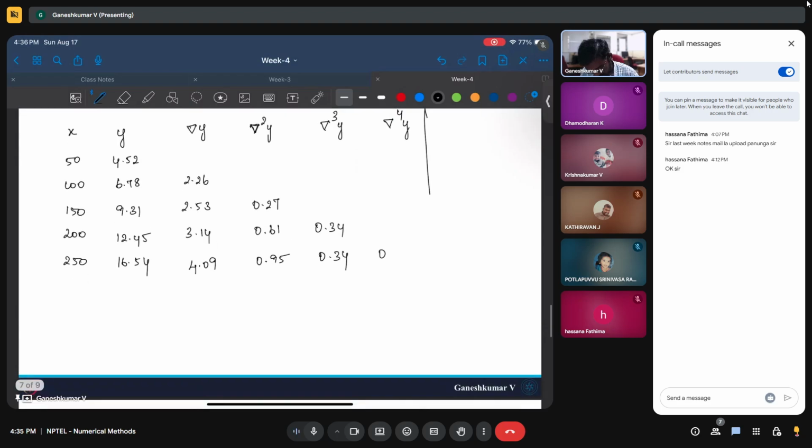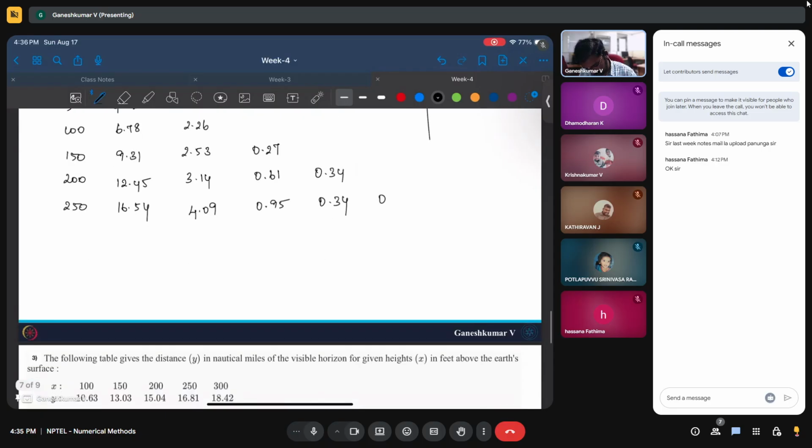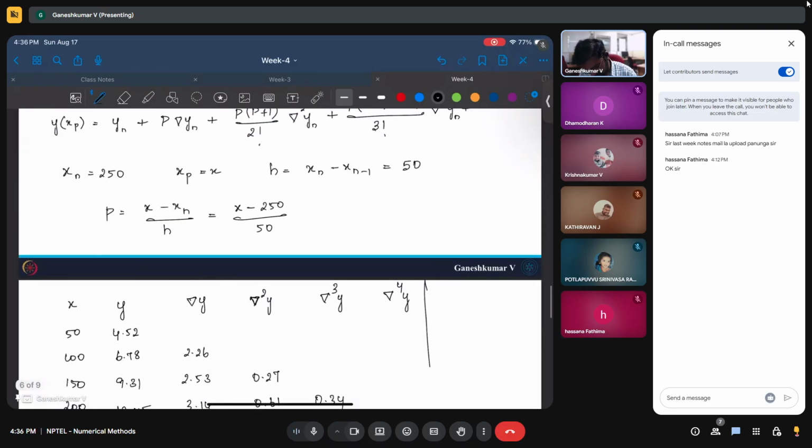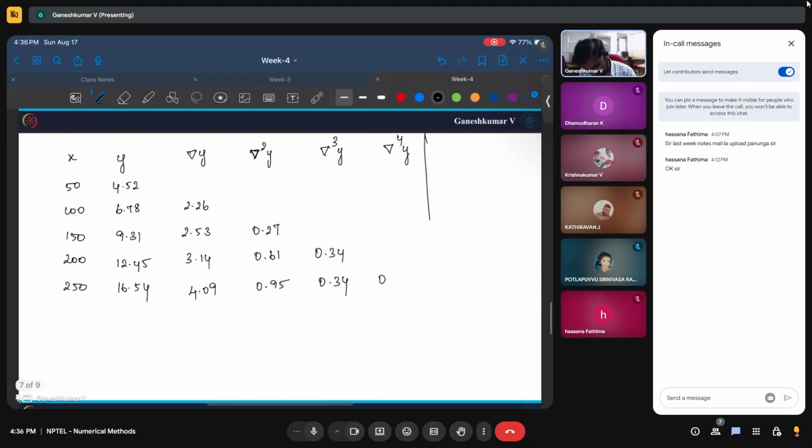Okay. Now what we chose is we chose xn to be 250. So which means you are going to choose this value. If you're choosing this x, then you have to use the corresponding nabla y's, nabla square y's, nabla power 3 y, where del means in this case nabla.